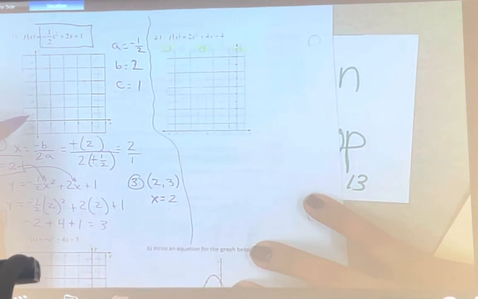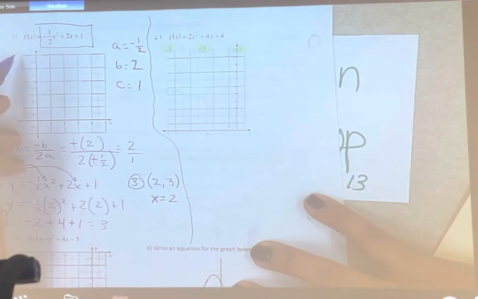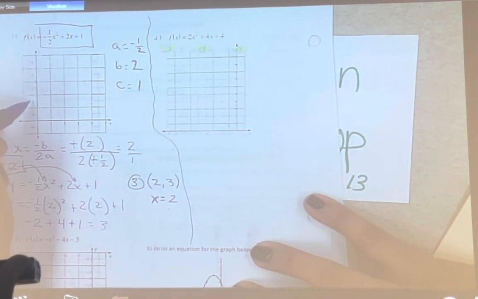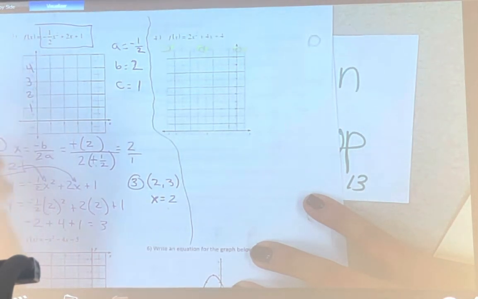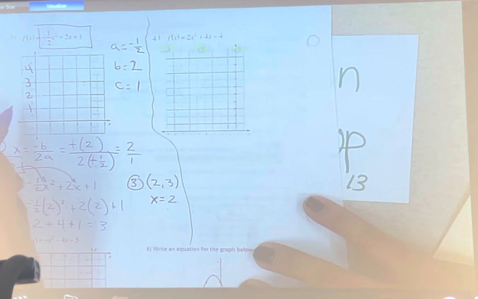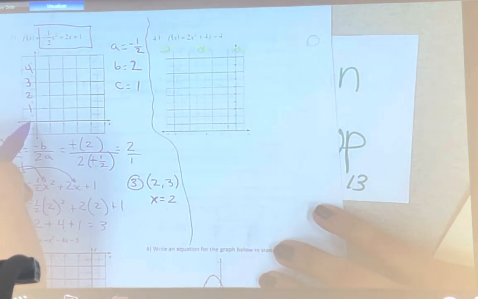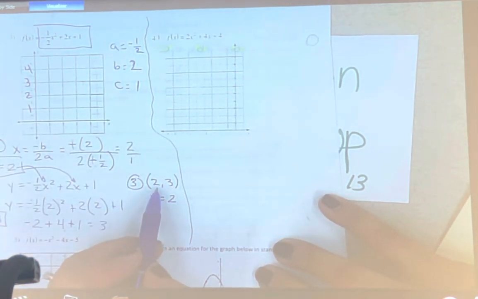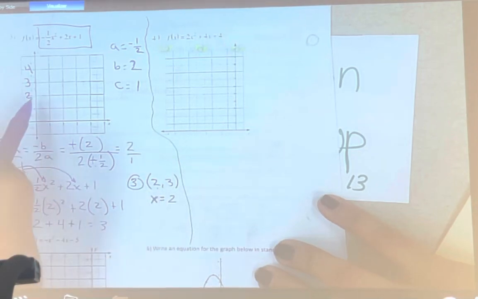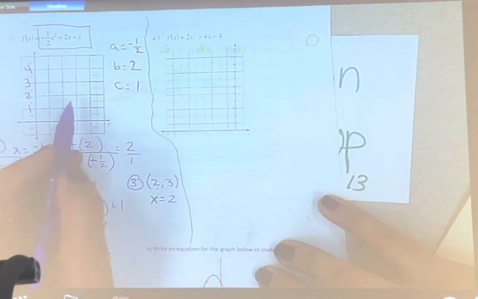So let's see. I don't like this because it has halves. I'm just leaving this alone for this one. So we're going to plot our vertex, and I just changed these to 1, 2, 3, 4 because I don't want to deal with that.